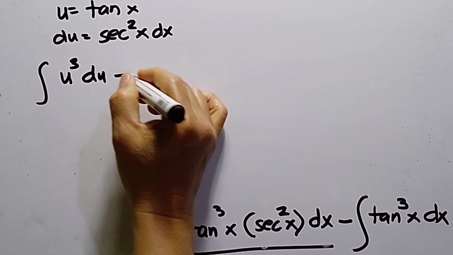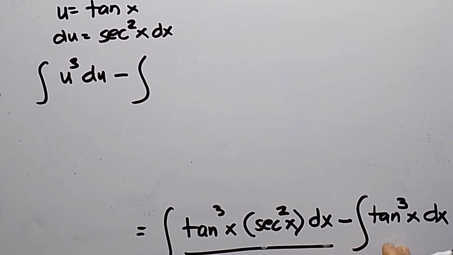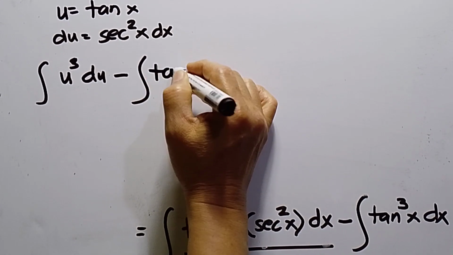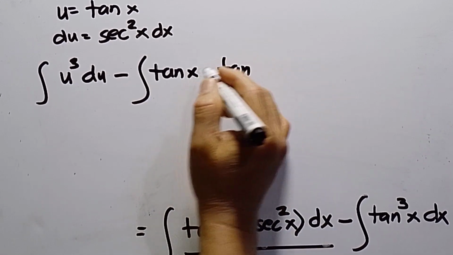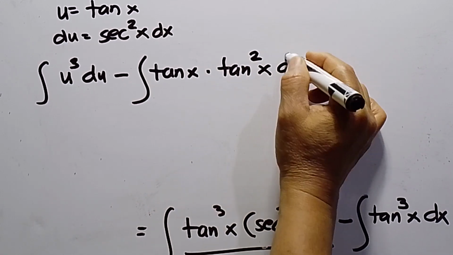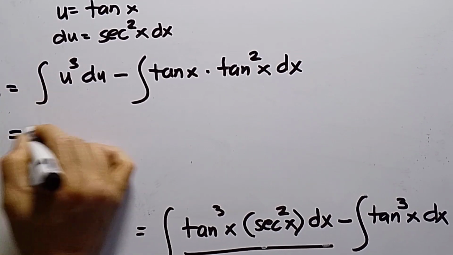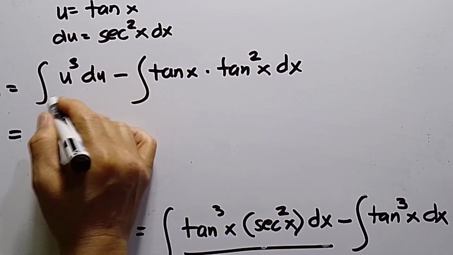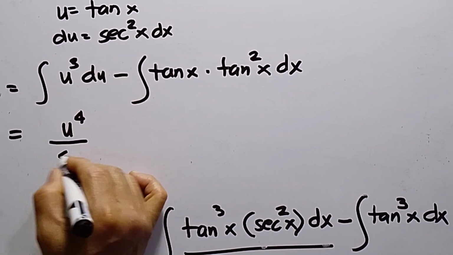And then next will be integral of tangent cubed. So I will now split this one: tangent x times tangent squared x dx. To integrate the first one, this will be u to the n plus 1 over n plus 1, so 3 plus 1, 4, and then over 4.